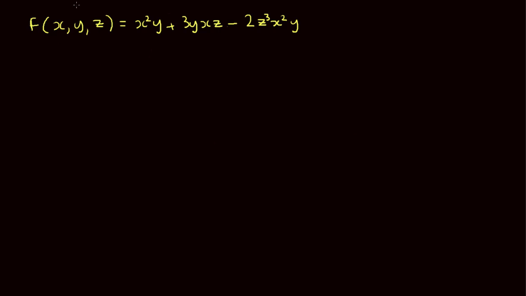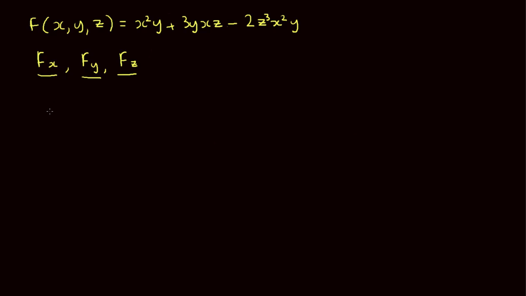So this is the function, and we are asked to find what is fx, what is fy, and what is fz. I'll give you this moment to pause and try to figure out what is fx, fy, and fz.